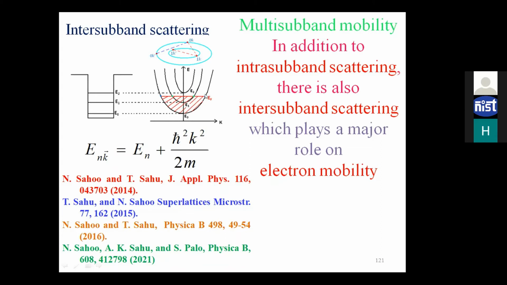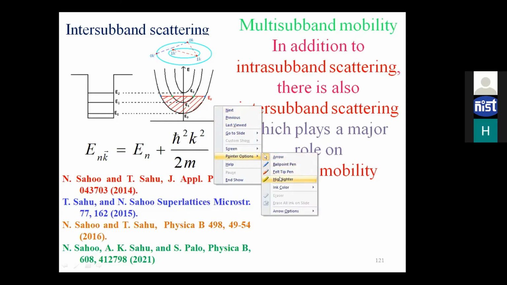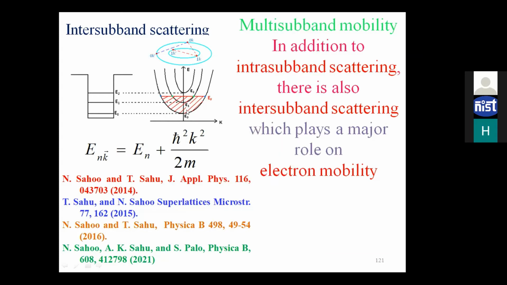If the electron is present in E0, it can go from E0 to E2 or E0 to E1, because multiple energy levels are occupied.